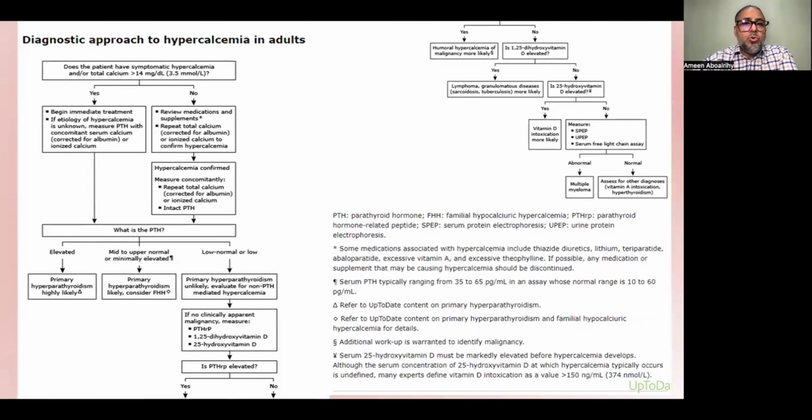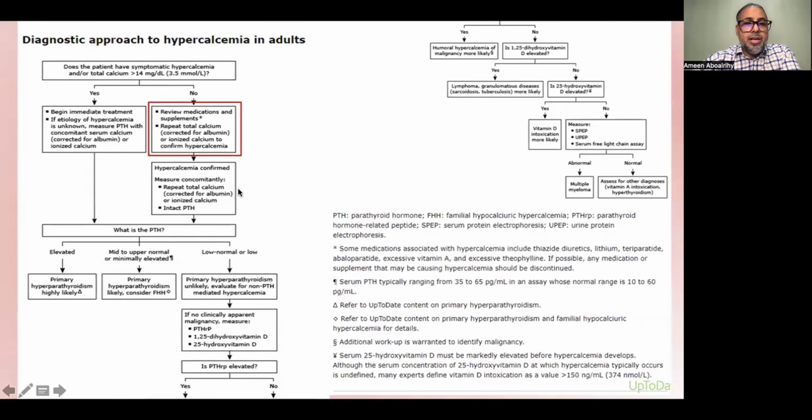So what do we do if we have a patient with hypercalcemia? Again, as an emergency, you ask yourself: does this patient have symptomatic hypercalcemia, or is their total calcium above 14, or 3.5 millimole per liter? If no, then you review the medications the patient is taking and repeat the total calcium.